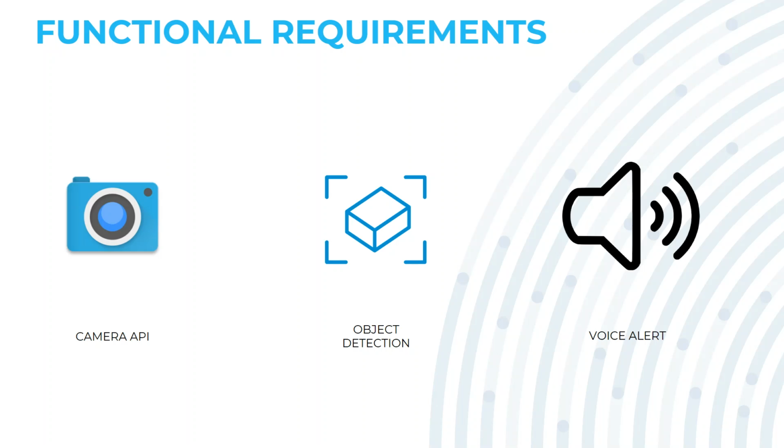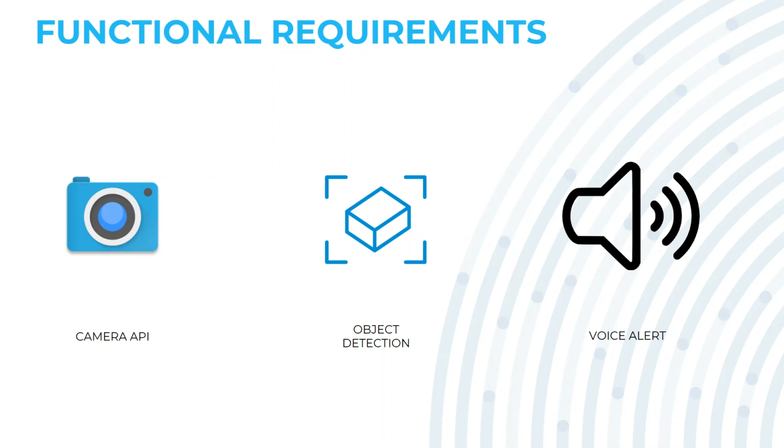Let's first understand the functional requirement of our project. Functional requirements describes the functionality or the services that the system is expected to provide. Our project includes the functional requirements as shown. First, the camera API. Using the camera API, the camera of the smartphone is turned on and the preview is given on the screen.